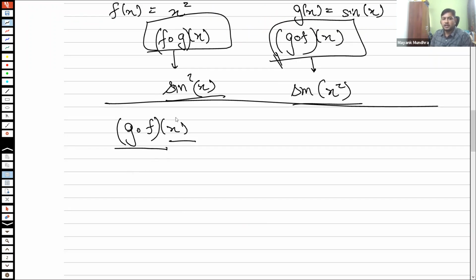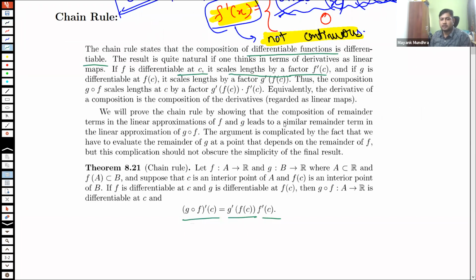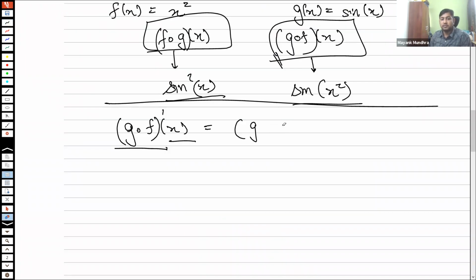So it's saying that g of f prime of x is equal to g prime at f of c into f prime at c.